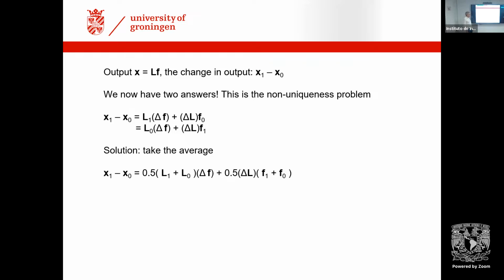And the solution here is take the average. And you can see that the delta F is here weighted with what you can call the midterm or the average Leontief inverse. And here the change in Leontief inverse is weighted with the average final demand over here.